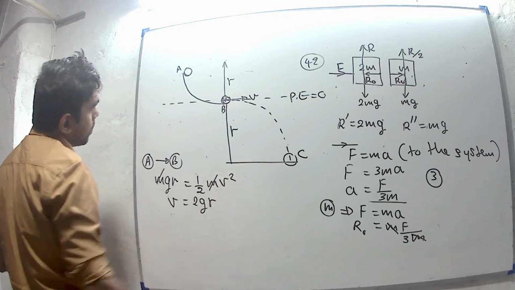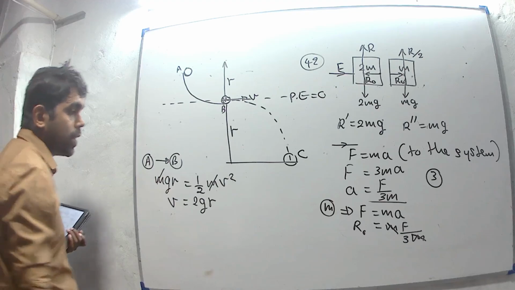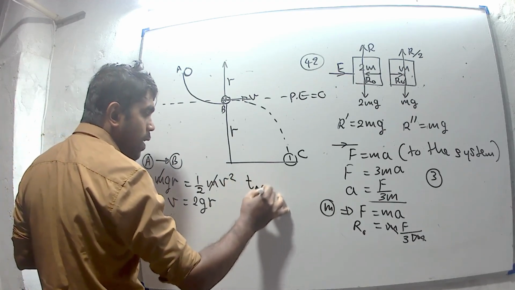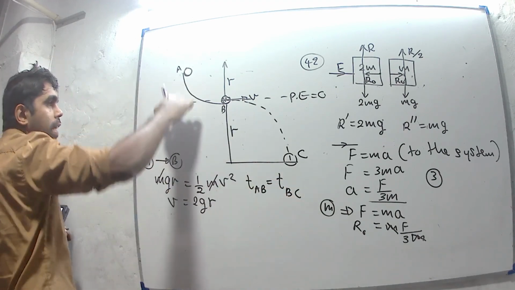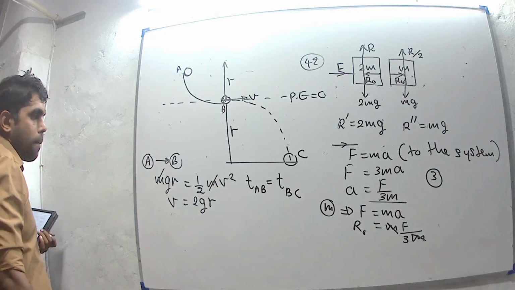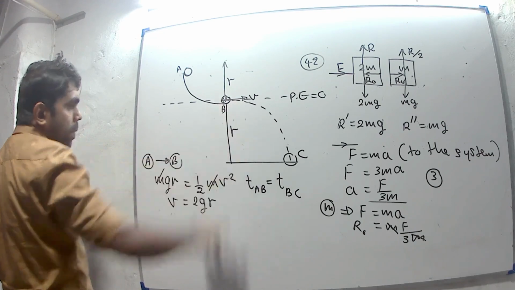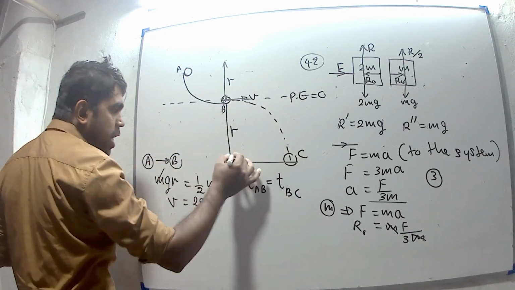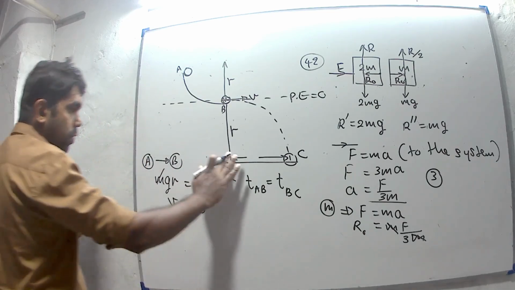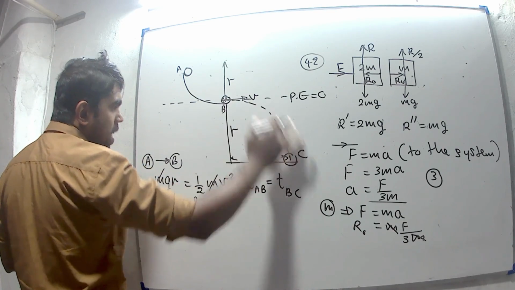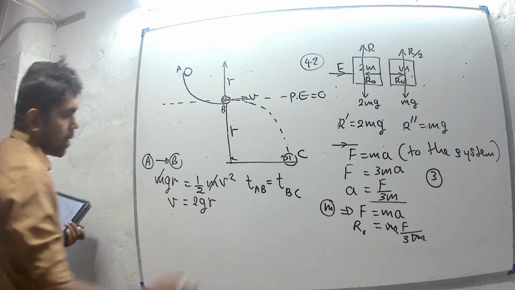We can consider the AB path. The time taken to move along the AB path, TAB, should equal TBC, because there is no vertical velocity in both situations. But there is a horizontal velocity at point B. Therefore, considering the distance for the BC path, the length of the BC path should be greater than the AB path.